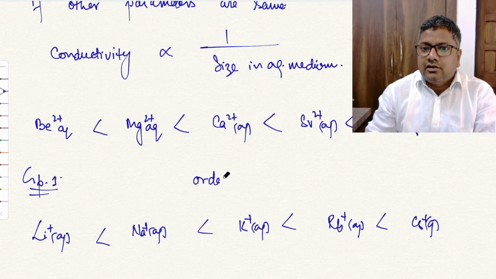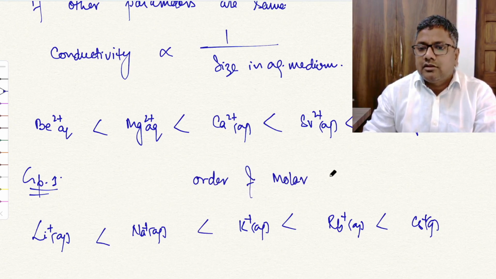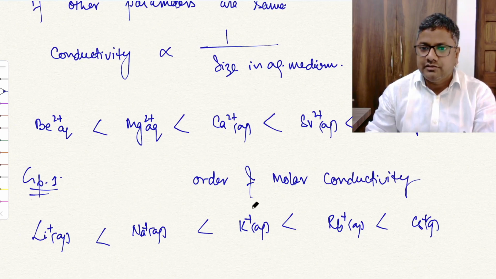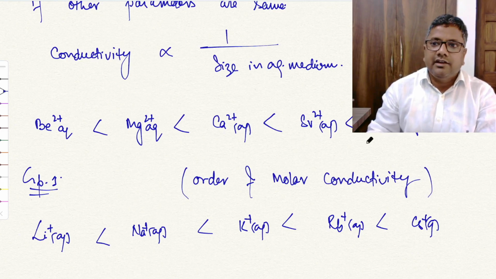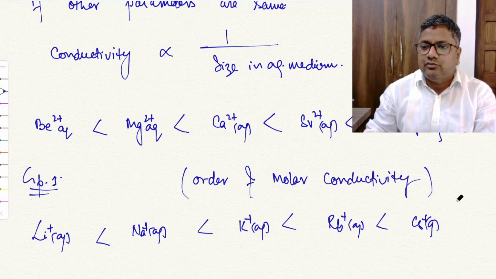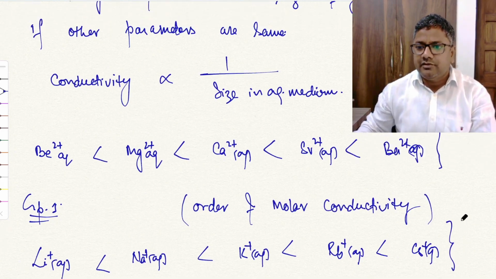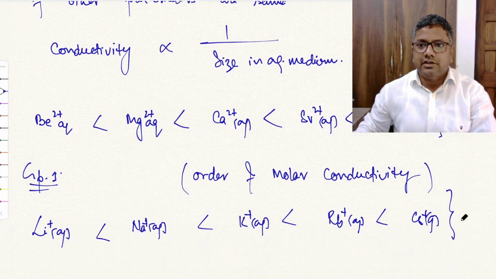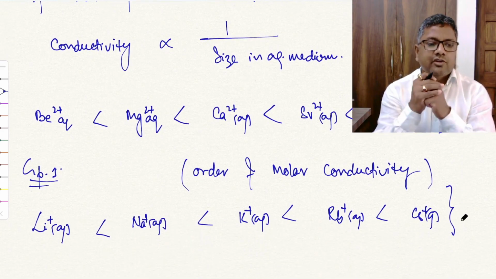So this is the order of molar conductivity for group 2 and group 1 both. Clear to everyone? Okay, you can note down, this is a very important point.